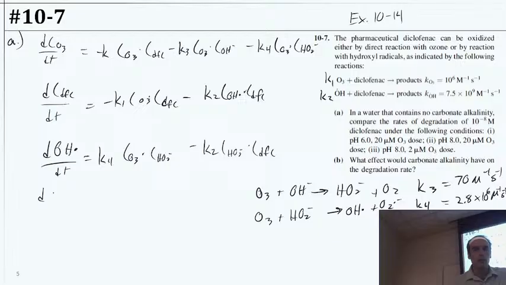And finally, this other intermediate, HO2 minus, with time according to K3 to generate it. Oops, that's OH minus.